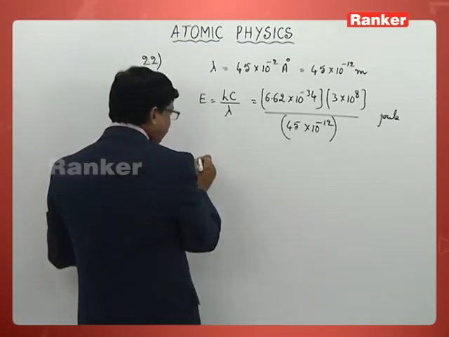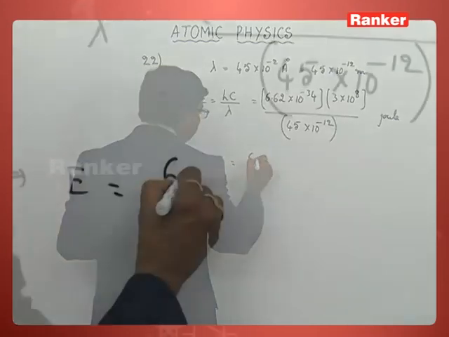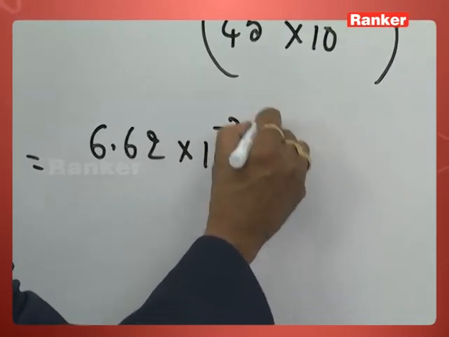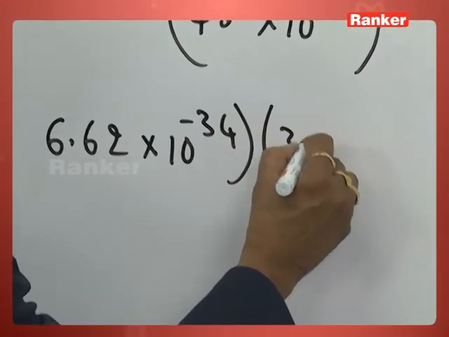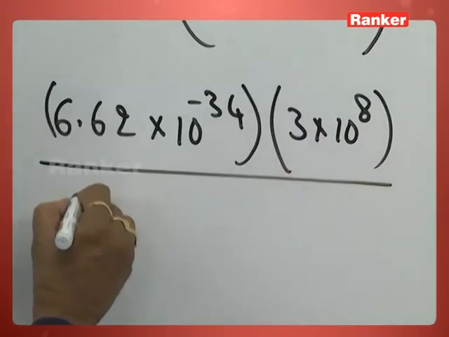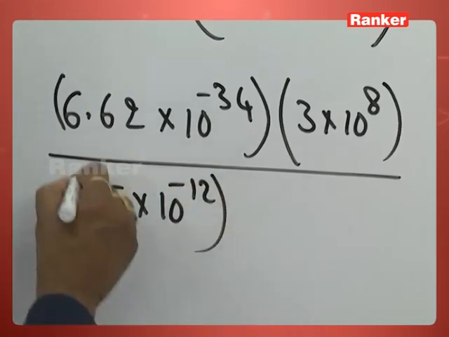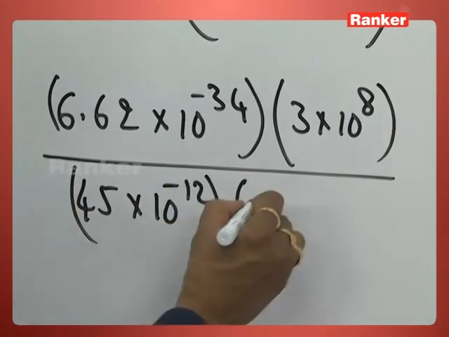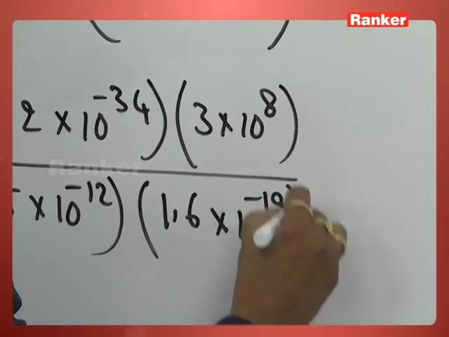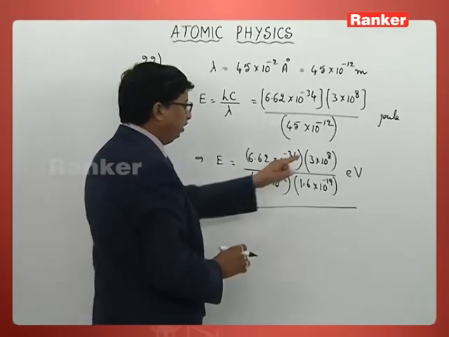Therefore, what we should understand, this implies E is equal to 6.62 into 10 to the power minus 34 into 3 into 10 to the power 8, whole divided by 45 into 10 to the power minus 12. Now you divide this one by 1.6 into 10 power minus 19. Whatever the value you get now, that will be in electron volt.